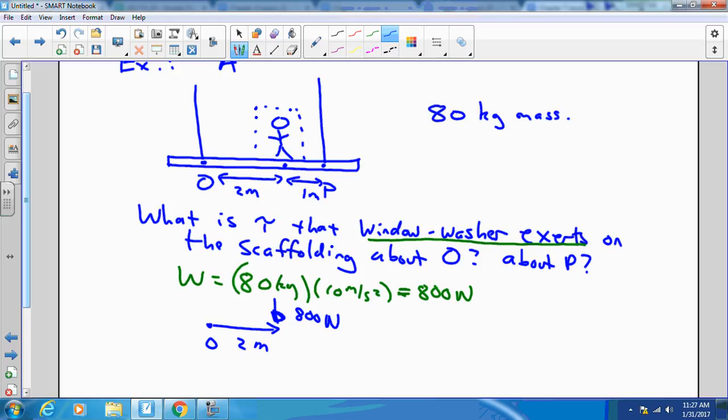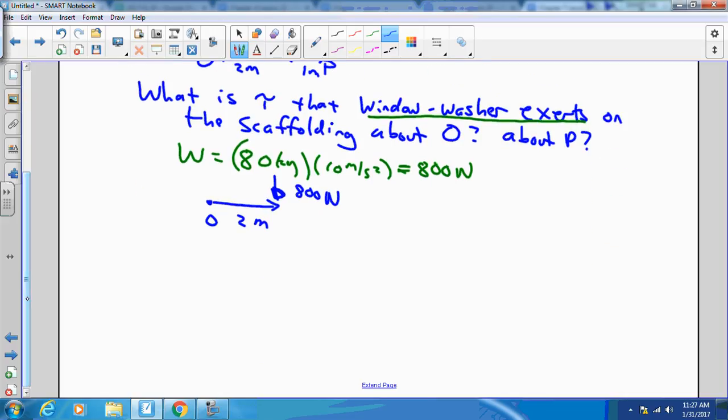And the third thing that we need is the angle between, so that we can compute the sine of the angle between. And what is the angle between the force and the distance here? It's a 90-degree angle because gravity always pulls straight down, and the scaffolding is necessarily going to be horizontal, otherwise he's in trouble.